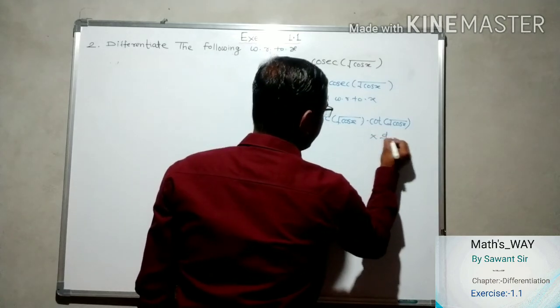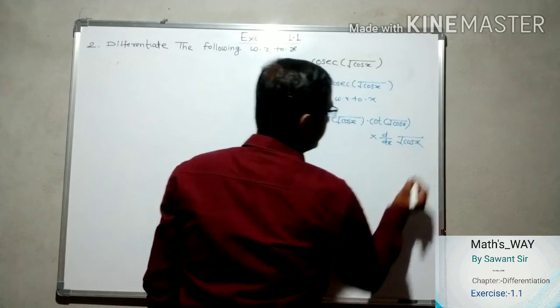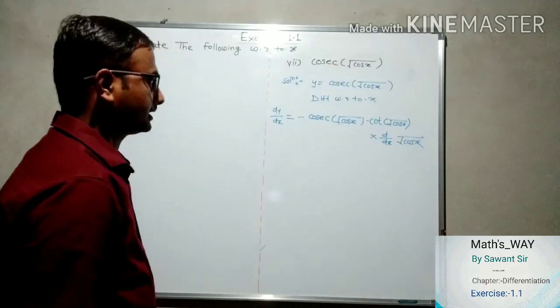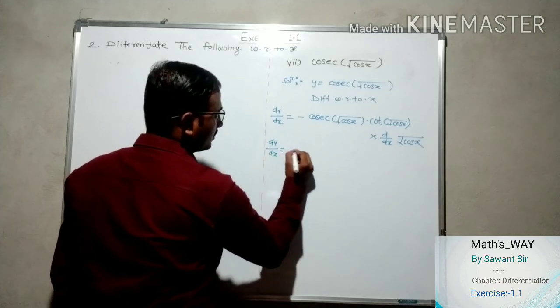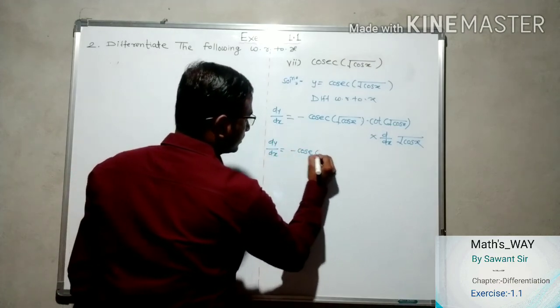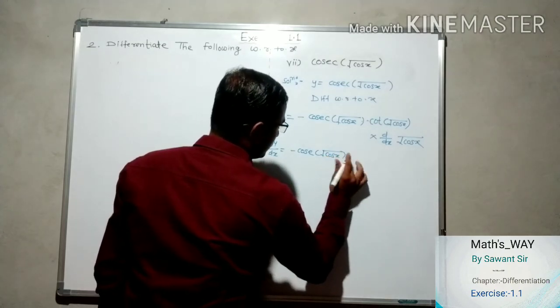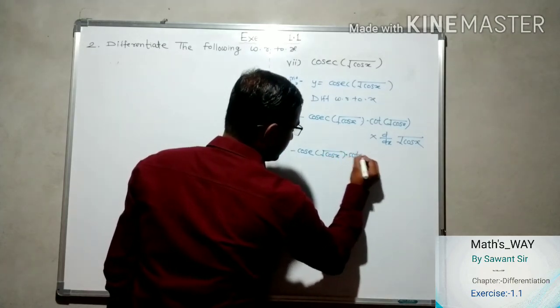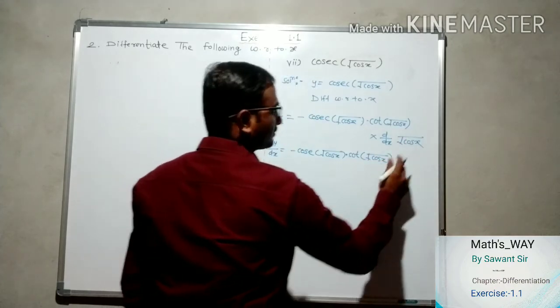Into derivative of square root of cos x. So dy by dx is equal to minus cosec square root of cos x into cot of square root of cos x into derivative of square root of cos x.